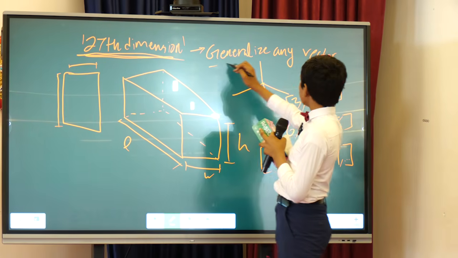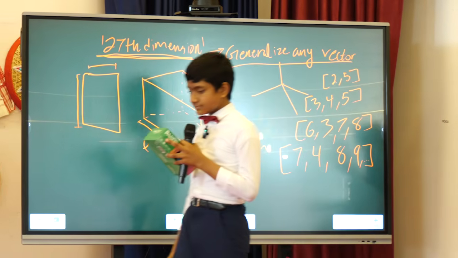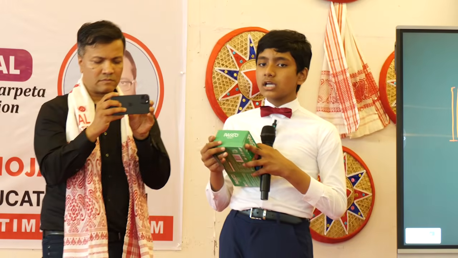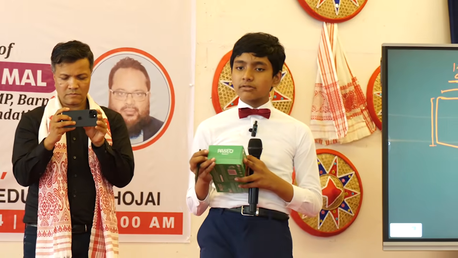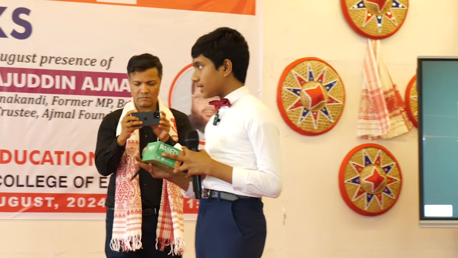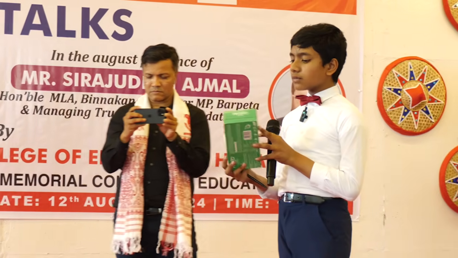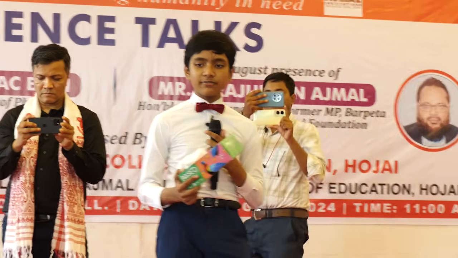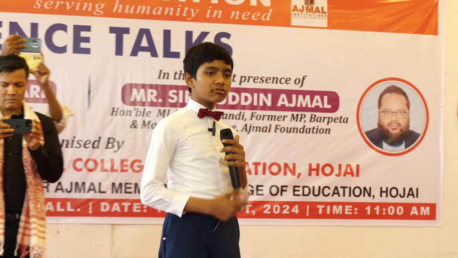So we just generalize any vector because it makes things easier for us to do in higher dimensions, which we often need to do when considering theories that utilize higher dimensions. Of course, we already can see 3D in real life, but when it comes to 4D, which is what general relativity often uses, we can't actually visualize that. So we simply have to generalize it.